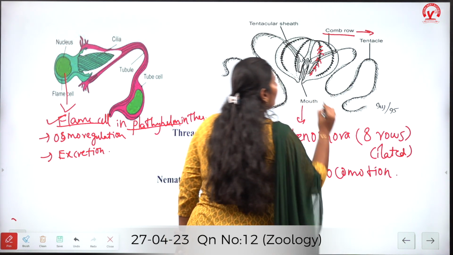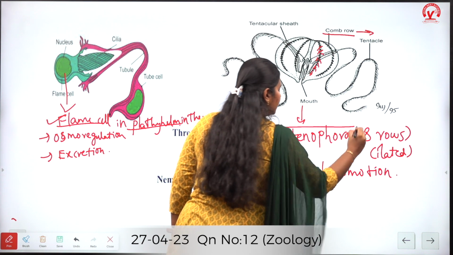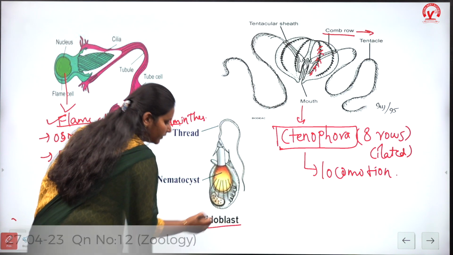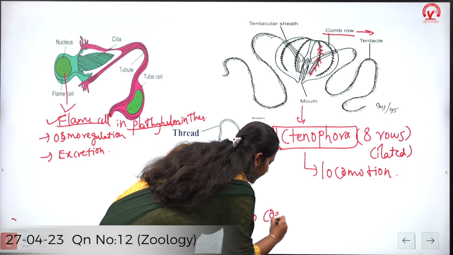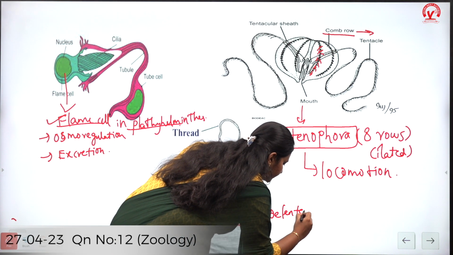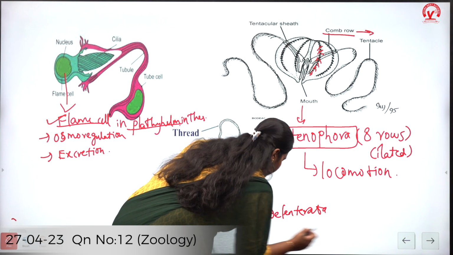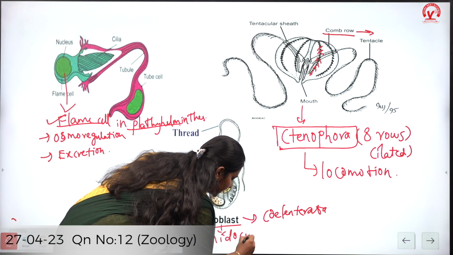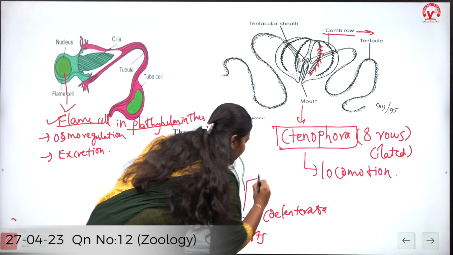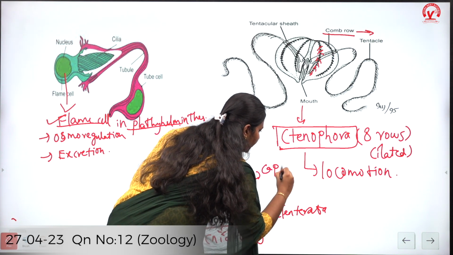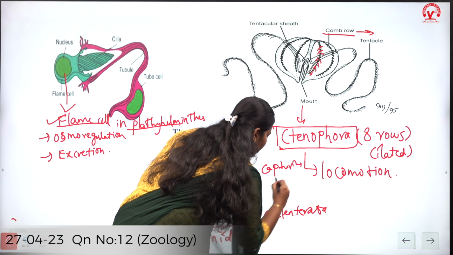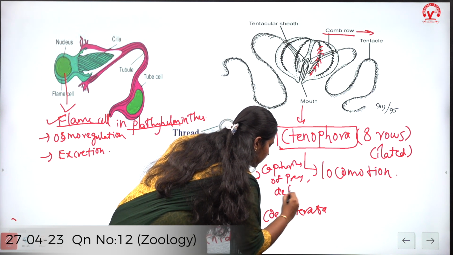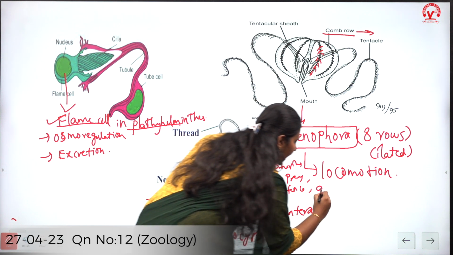So comb cells are present in Ctenophora, and the cnidoblast, which is present in Coelenterata, also called cnidocytes, is helpful for capturing prey, for defense purposes and for anchorage.